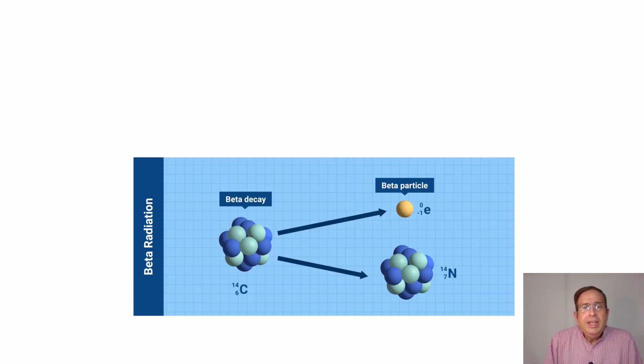So here you can see there is a beta particle coming out from a nucleus of a carbon-14 atom. Here is a carbon-14 nucleus which has 6 protons and 8 neutrons, and it converts into nitrogen-14, which has 7 protons and 7 neutrons, and in the process it emits a beta particle along with other radiation.